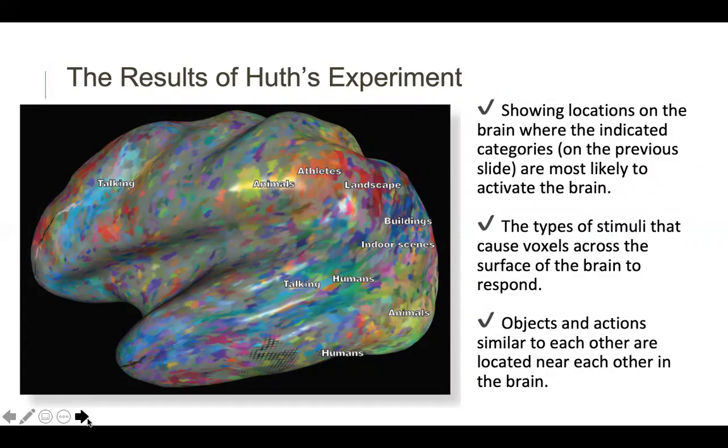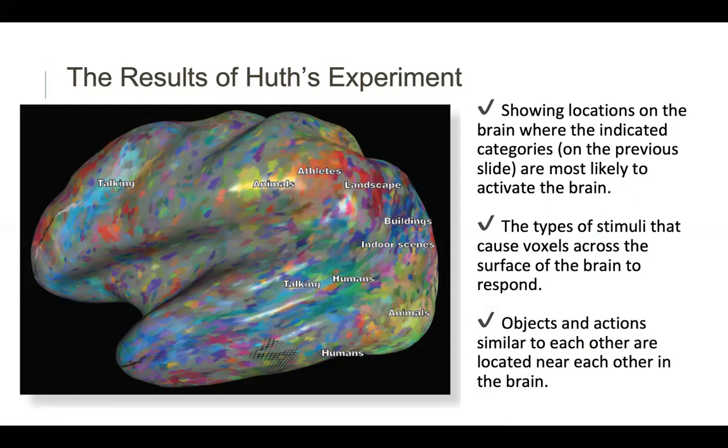As you can see in this figure, the area labeled humans at the bottom of the brain, which is actually on the underside of the brain, corresponds to the fusiform face area, which responds to all aspects of the face. The area labeled humans higher on the brain here responds specifically to facial expression.